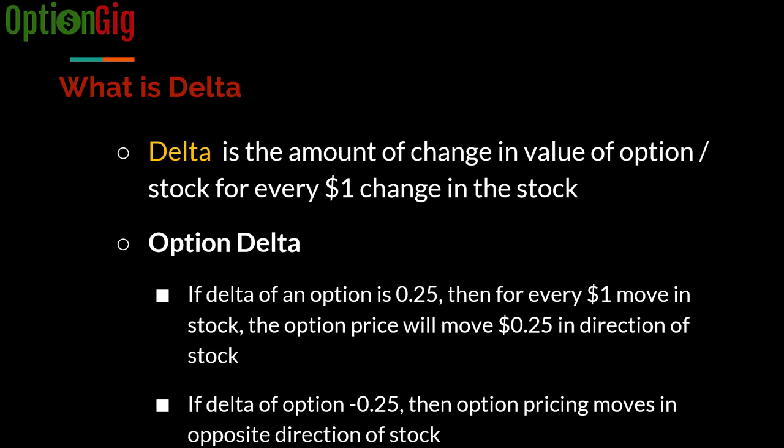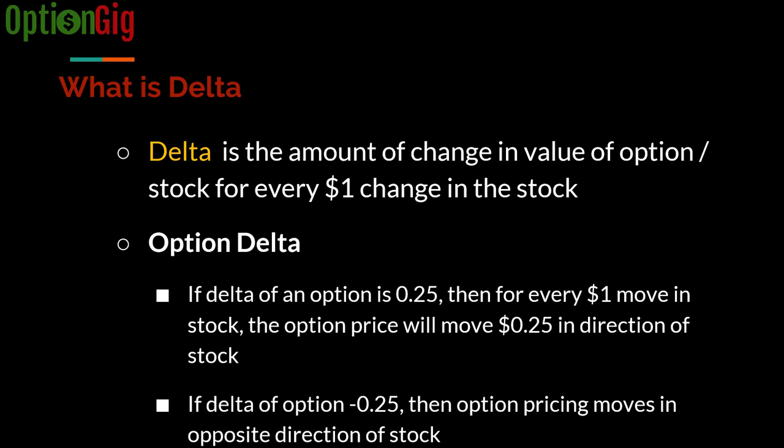If the delta is minus 0.25, then the option price will change by 0.25, but in the opposite direction of the stock. So remember, delta can be positive or negative.